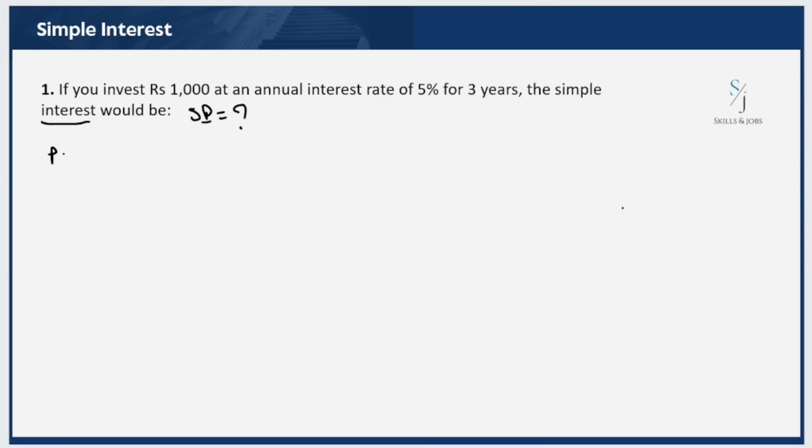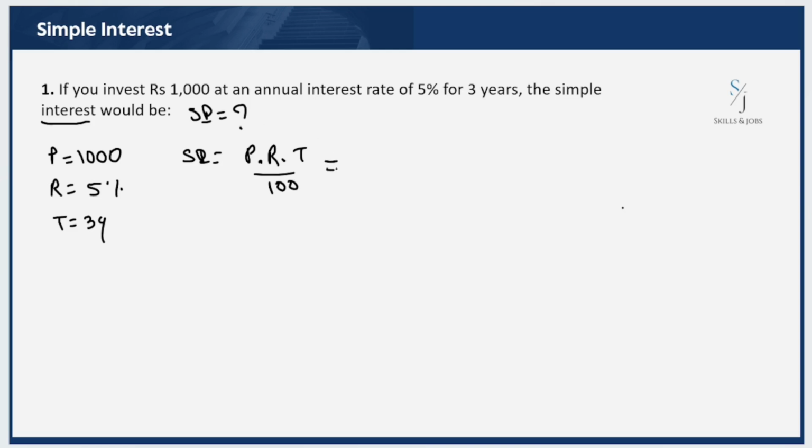Given data: principal is equal to 1000 rupees, rate of interest is equal to 5% per annum, the time is 3 years. Now the third step is to implement the formula. So what is the formula of simple interest? P into R into T divided by 100.